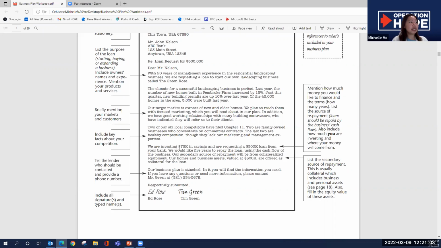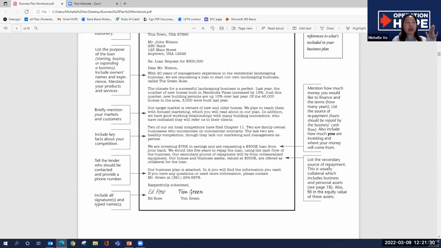So they are investing $75,000 from their savings and requesting a $300,000 loan from the bank. They also listed the secondary source of repayment right here: our secondary source of repayment will be from collateralized equipment, our homes and business asset value of $300,000, also offered as collateral for the loan.